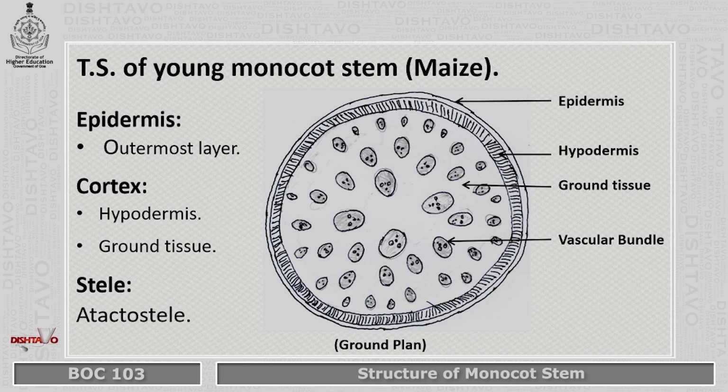Stele is of atactostelic type. In this stele, vascular bundles are scattered in the ground tissue. Stele does not show differentiation as pericycle. It does not show differentiation of pith and medullary rays.